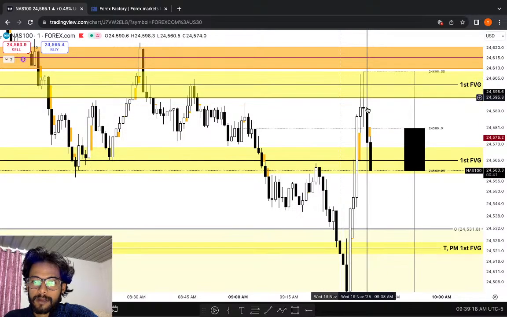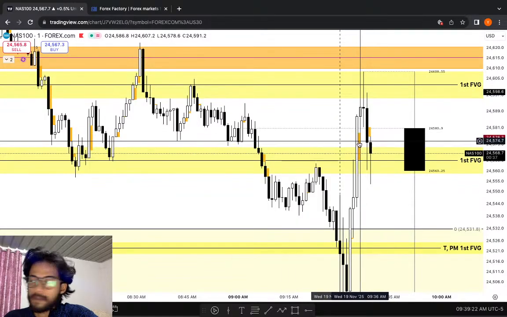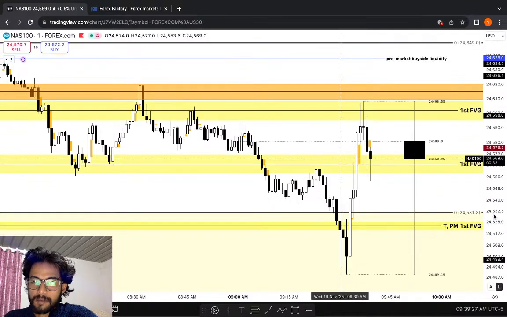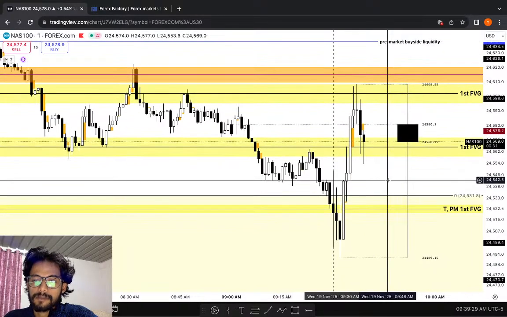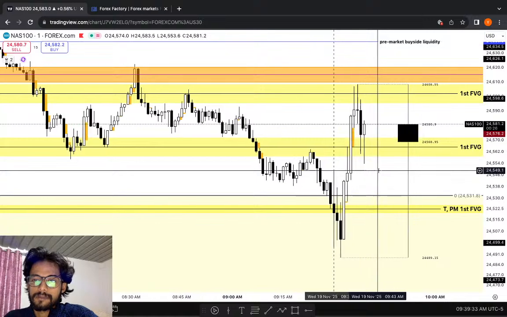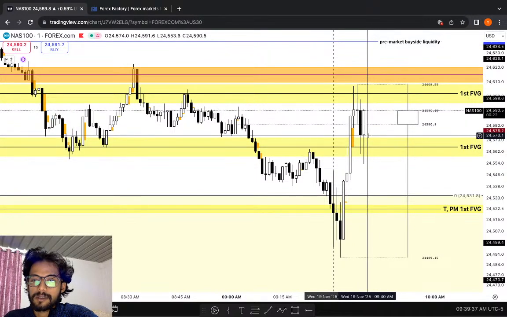Okay, so it came out of this gap. If it completely fills in, then we can see some lower prices as well. But the bodies of the candles trying to stay above that is good.